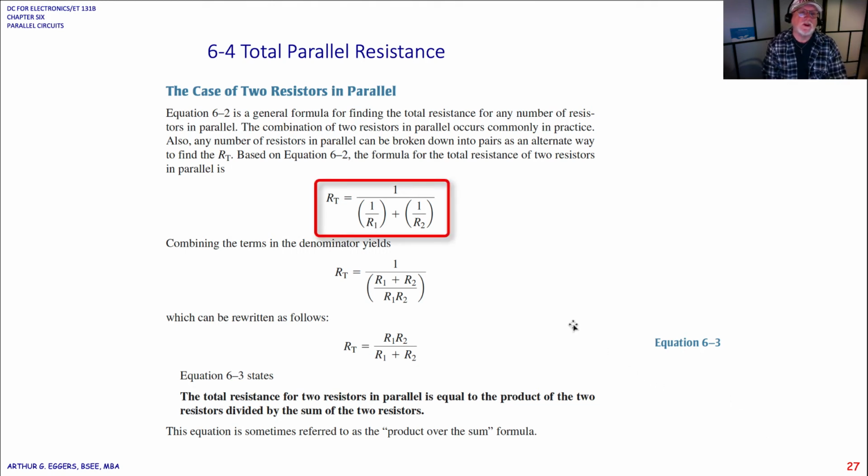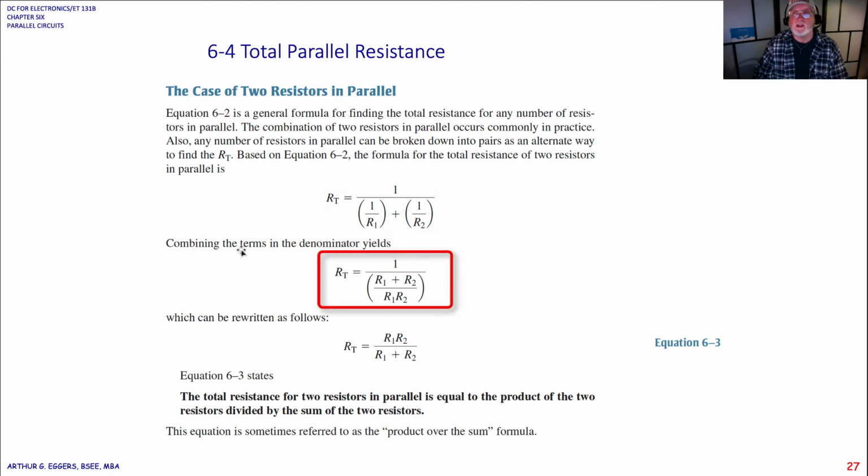So now what we can do in the simplified case from the general expression is look at the case of 2 resistors in parallel, which makes it a lot easier. So we take the previous expression, but now we simplify it down to just 2 resistors, R1 and R2. And we're going to find out later if R1 and R2 are the same value, then it just becomes R, and you can drop the subscript.